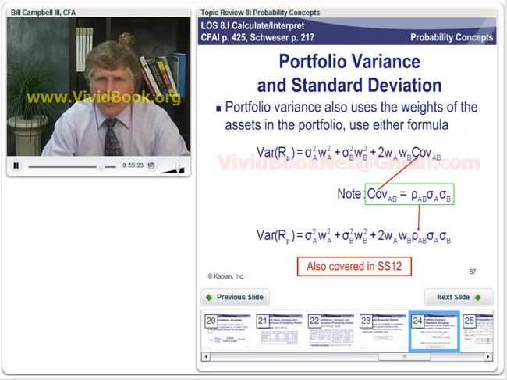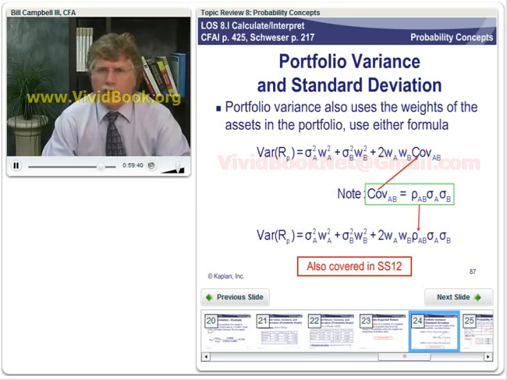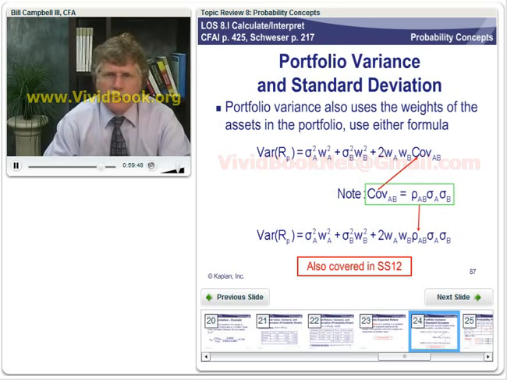The lower that number, the smaller that rho, the lower the variance of our portfolio's returns. So a fundamental idea of diversification, we'll see this again under portfolio management, is that low correlations of returns leads to lower volatility of the portfolio's returns. Very important concept.